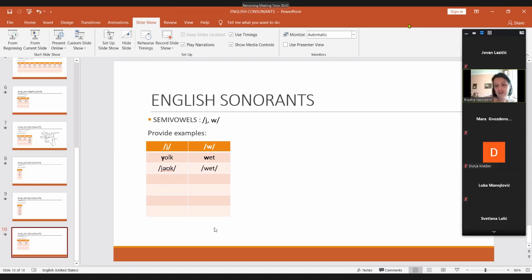Since they have a lot of vocalic nature, do they remind you of maybe some vowel? When you say York, York. They always sound similar to the vowel following them.